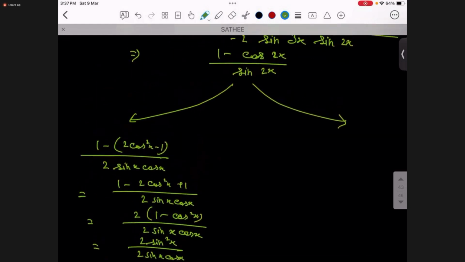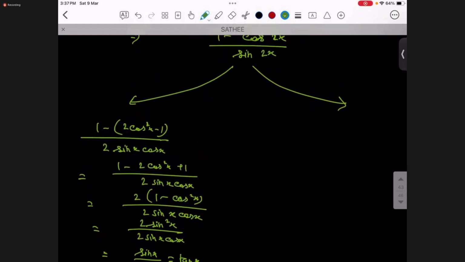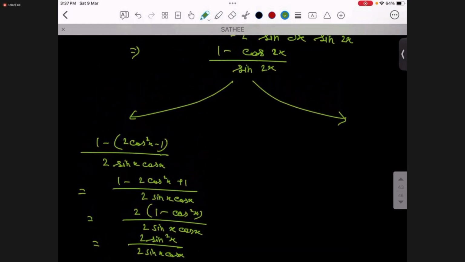Now if we apply the formula for cos 2x, that is, if we apply the formula like 1 minus 2 sin square x, which is divided by 2 sin x cos x, how do we obtain?